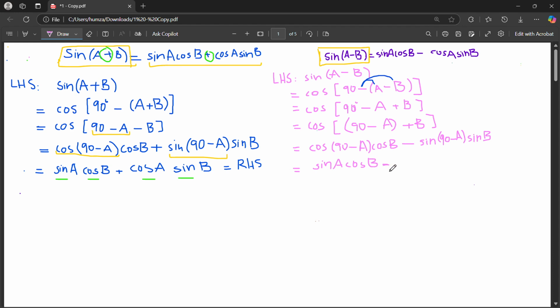Why? Because now we are using the rule, and there is a negative sign in the bracket, so the negative sign will remain negative.